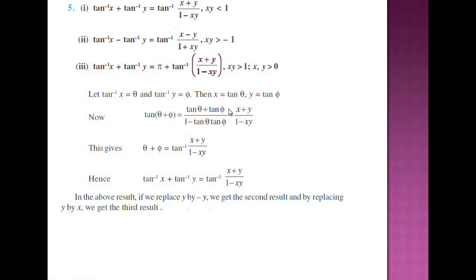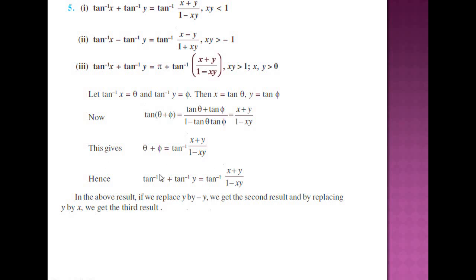So tan theta plus tan phi is x plus y, upon 1 minus tan theta tan phi, which is 1 minus xy. So if I need to find the value of theta plus phi, shift this tan to that side, so that becomes tan inverse of x plus y upon 1 minus xy. Then replace it by the original values. What was theta? Theta is nothing but tan inverse of x. So theta is replaced by tan inverse of x, phi is replaced by tan inverse of y, and this is how we get the result.